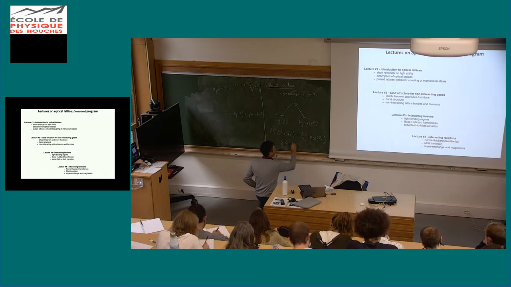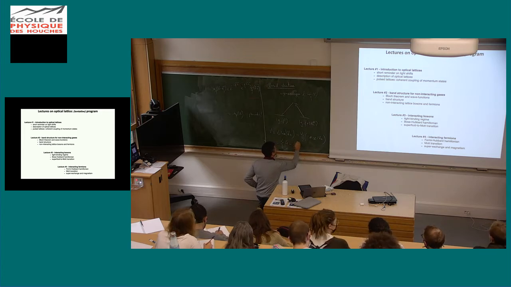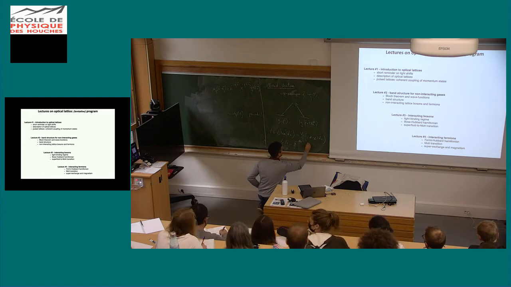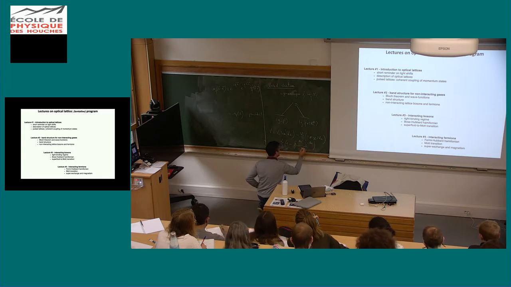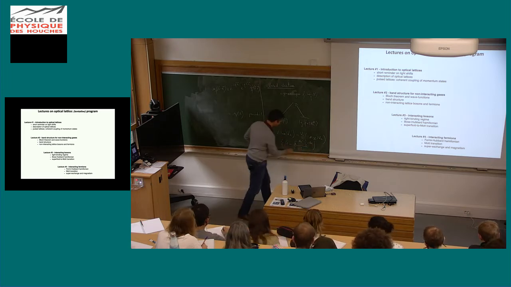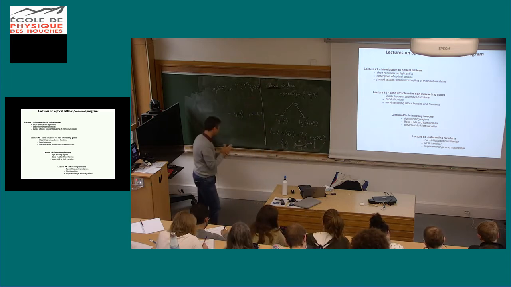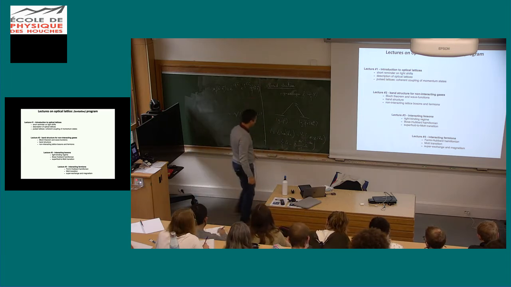So it's a 1/2 times e^{i2kx} plus e^{-i2kx}.